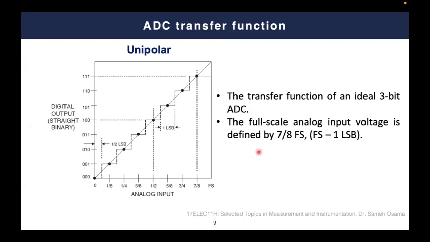So you are varying from 0 to 7/8 of the full scale, because when you start with 0 and you have 8 states, the final state will be 7, not 8. This is why we have a maximum of full scale minus 1 LSB, the least significant bit of our system, and this is maybe a drawback.